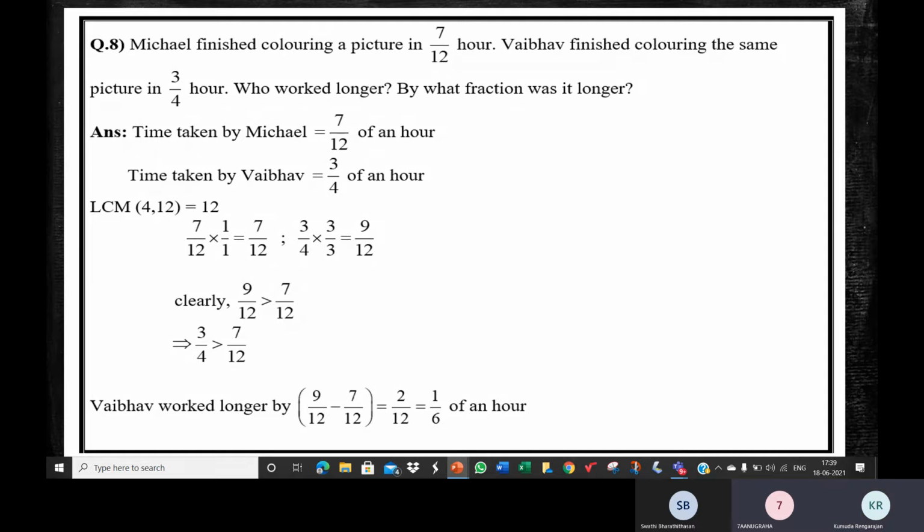Okay, then further simplify. Ma'am, 7 by 12 into 60 by 1. Okay. We can cancel 12 and 60. Why, ma'am? Because 60 is a multiple of 12.